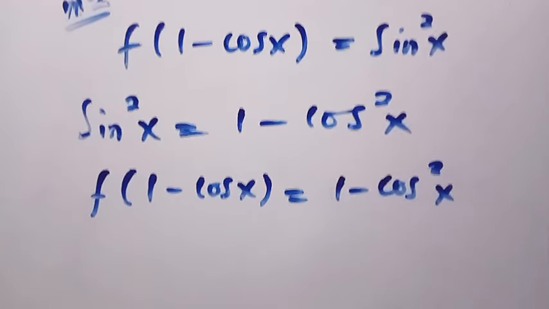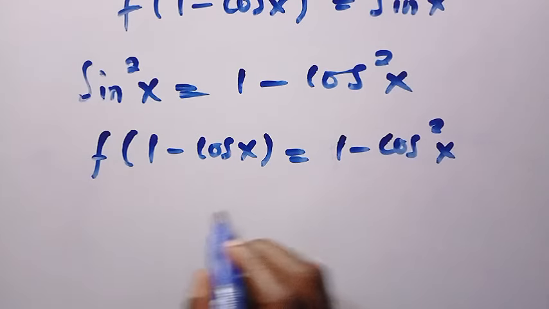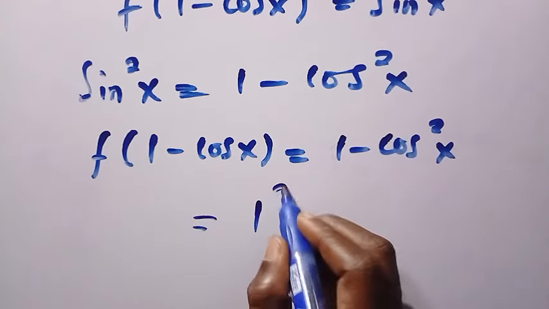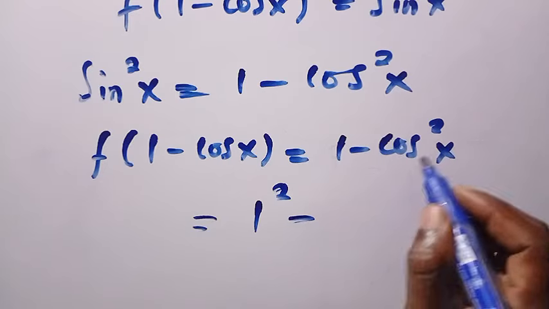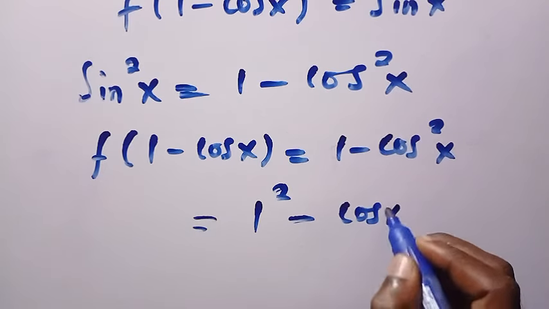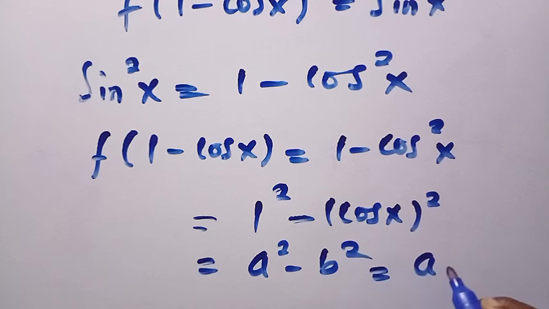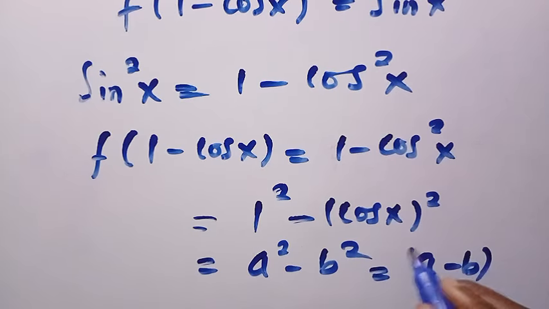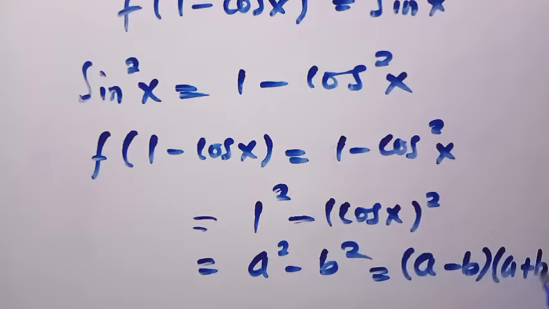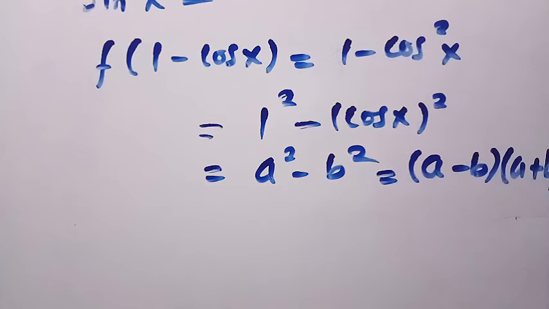To make it the same, we recall that 1 is still like 1 squared minus cos x all raised to the power of 2. When we compare this with a squared minus b squared, this gives us a minus b and a plus b, called the difference of two squares.